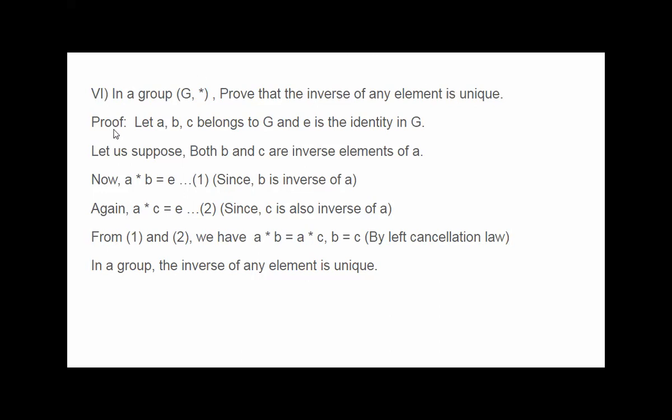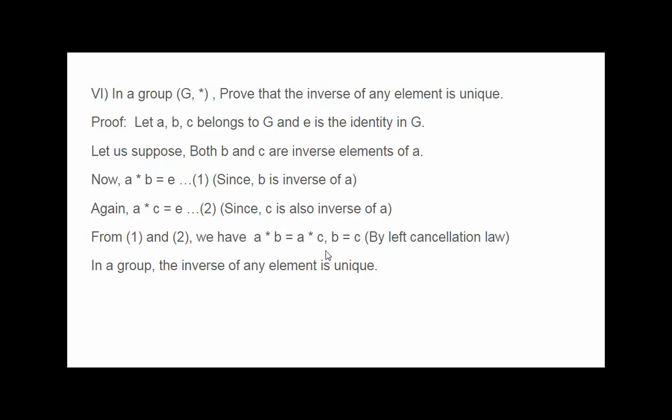Since B is the inverse of A and C is the inverse of A, we get the identity element: A star B is equal to E, A star C is equal to E. Then from 1 and 2 we have A star B is equal to A star C. Then we know B equal to C by the left cancellation law, which we have already seen.